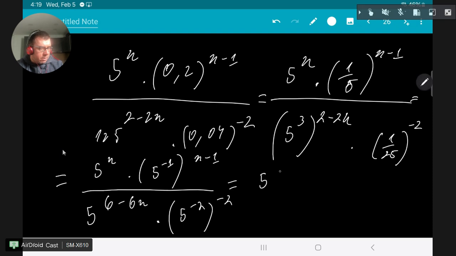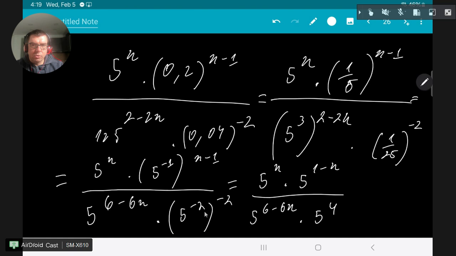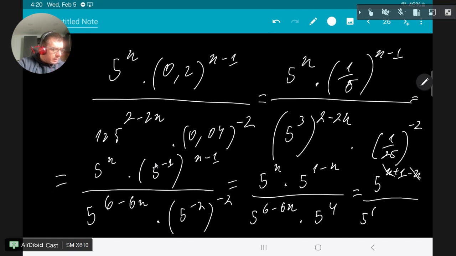So 5 to the power of n times 5 to the power of 1 minus n, over 5 to the power of 6 minus 6n times 5 to the power of 4. Minus 2 times minus 2 is plus 4. Now again add these exponents because I'm multiplying in the numerator and in the denominator. So I get 5 to the power of n plus 1 minus n, over 5 to the power of 6 minus 6n plus 4. These cancel.